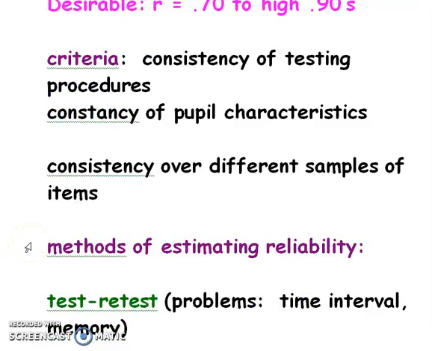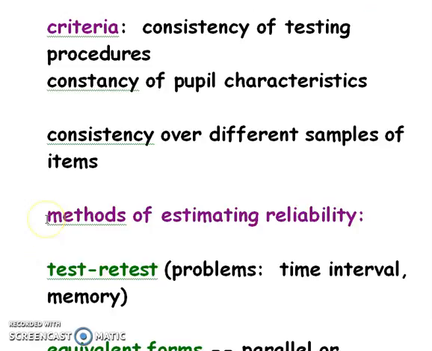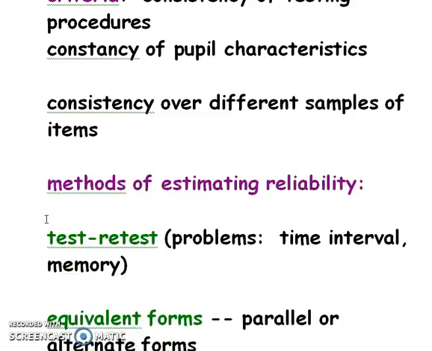Now, there are different methods of estimating reliability depending on the situation in which you find yourself. The most popular is test-retest. Everybody knows what that means. You give a person a test, then you teach something, and then you retest the students with the same test.